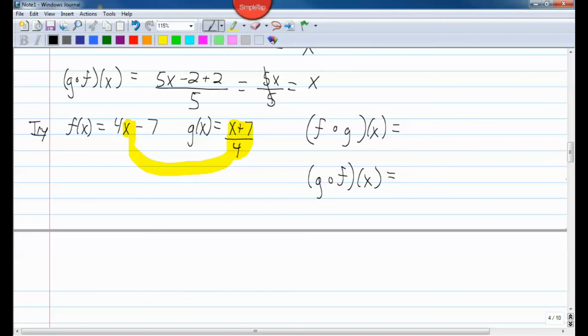Alright. So I'm going to take g and plug it into f. When I plug something in, make sure you plug it in parentheses. So it's going to be 4 times x plus 7 over 4. And then don't forget this right here, minus 7.